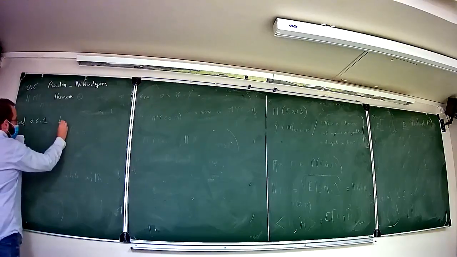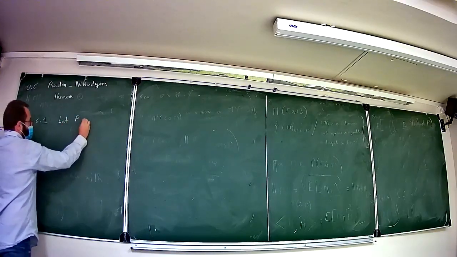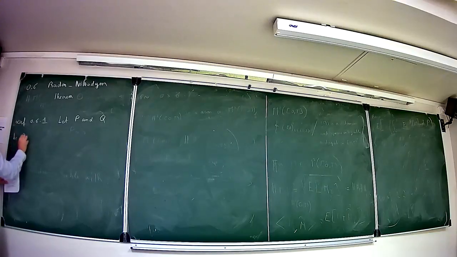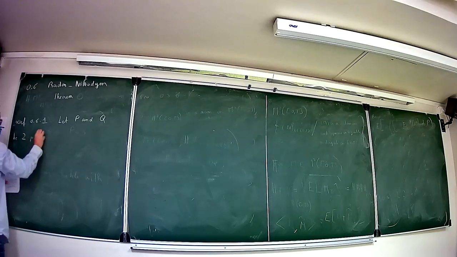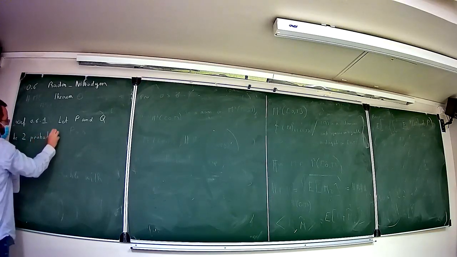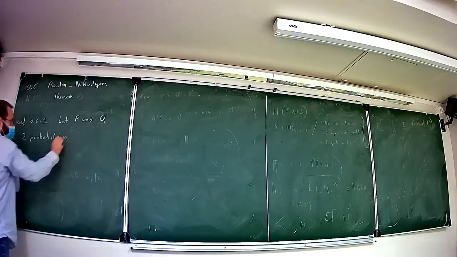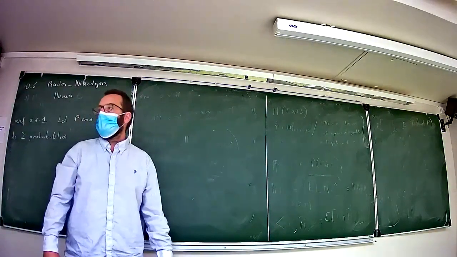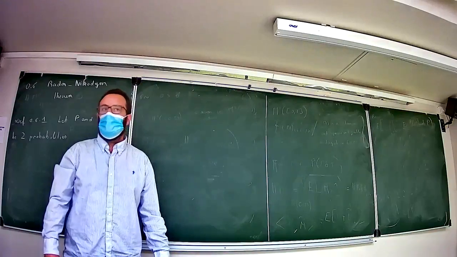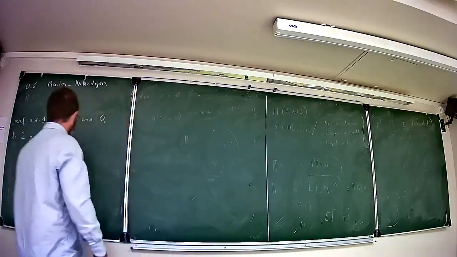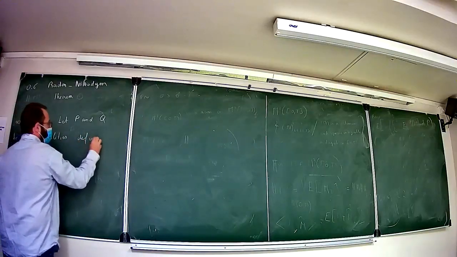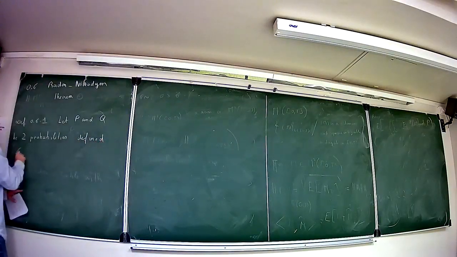So let P and Q be two probabilities. The only constraint I have is that they have to be defined on the same sigma algebra related to the same universe. So two probabilities defined on (Omega, A).